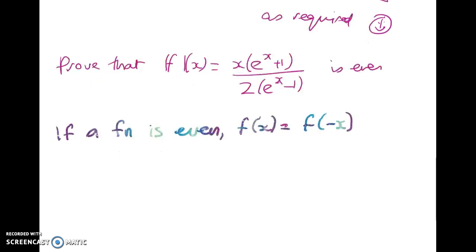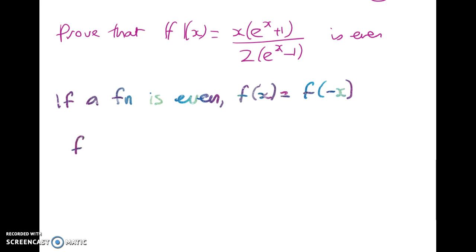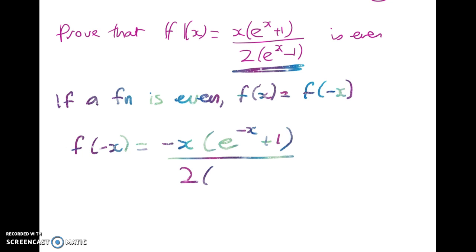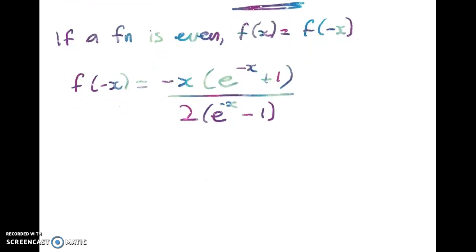So I'm going to start with f of negative x, and I'm going to show that it ends up being equal to this. So f of negative x is equal to negative x times e to the negative x plus 1 over 2 e to the negative x minus 1. Right, so I'm going to get rid of those negative powers straight away.